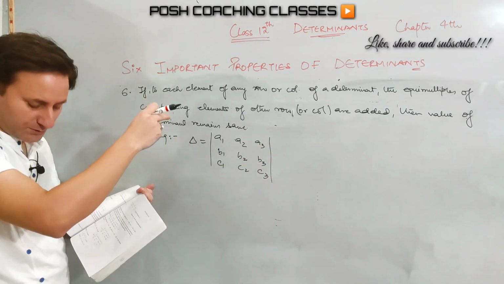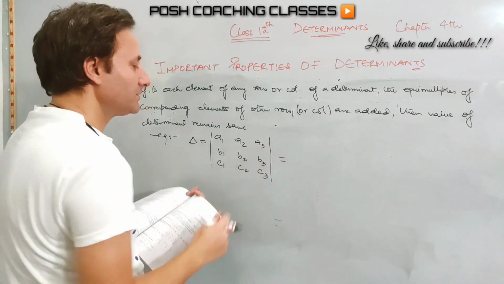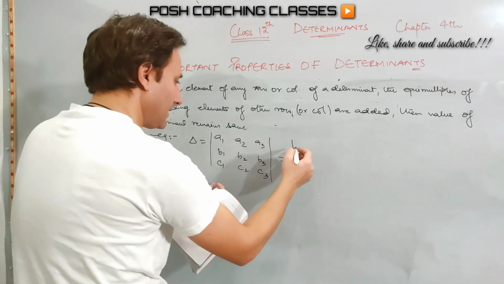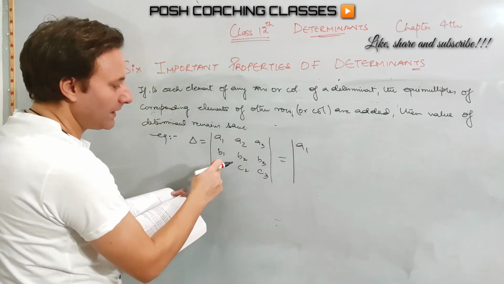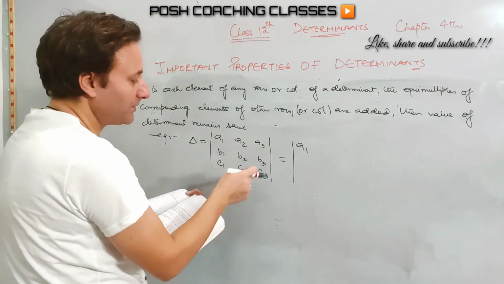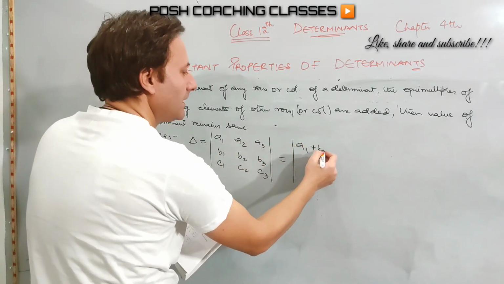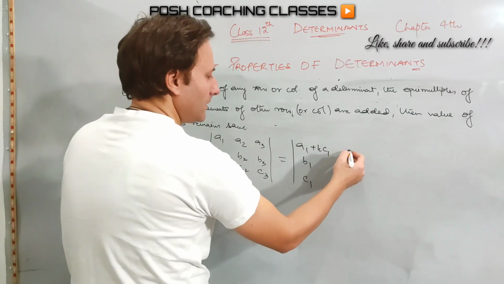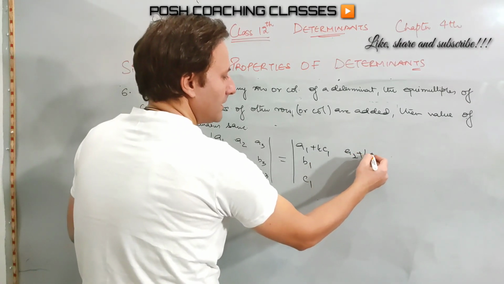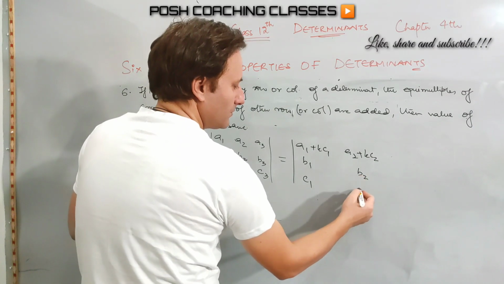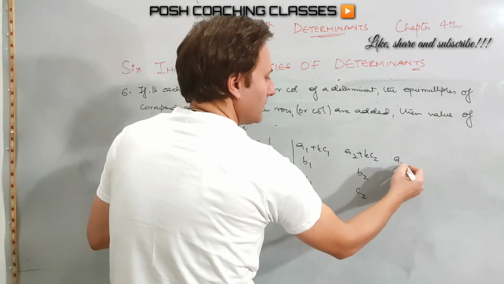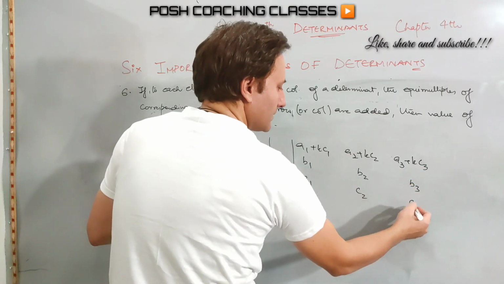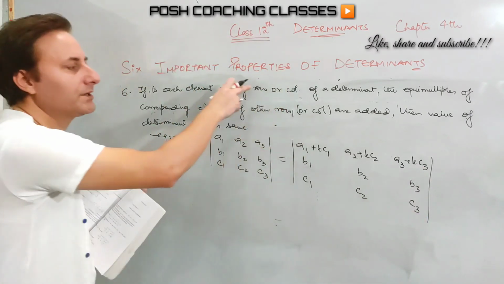According to this particular property, it says if we add, for example, I'll take a1 and I will add the third column with a constant, plus k c1, then b1 and c1, then a2 plus k c2, b2, c2, and a3 plus k c3, b3, and c3. So this is what it says.